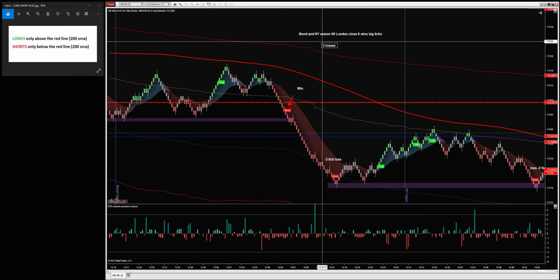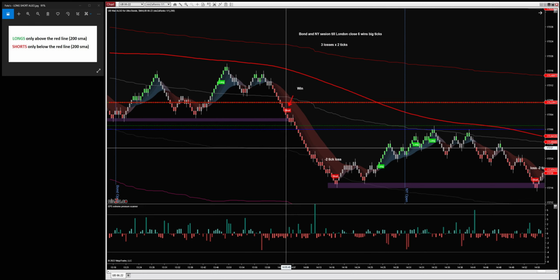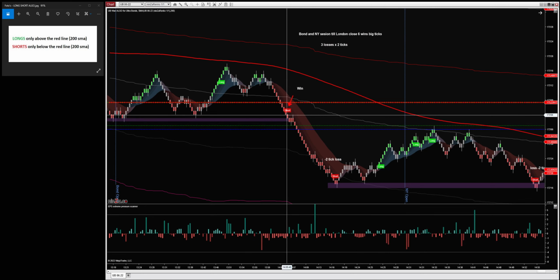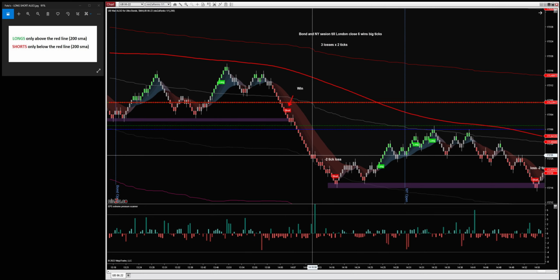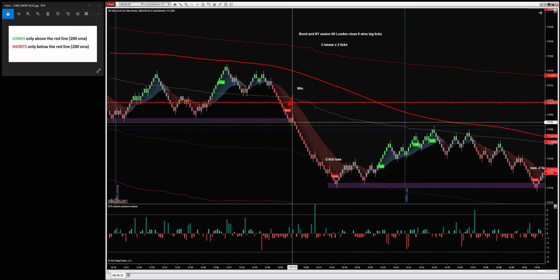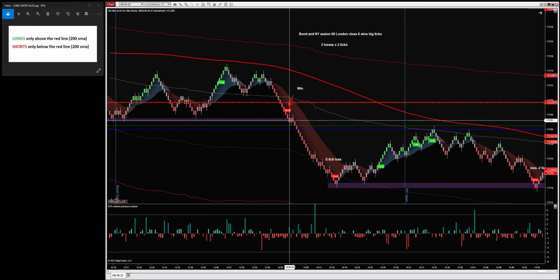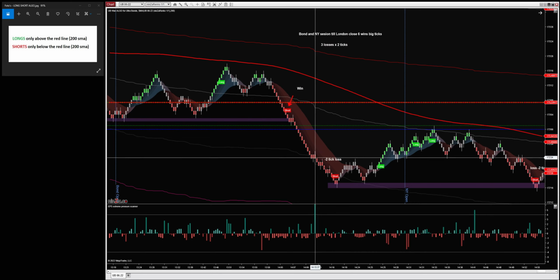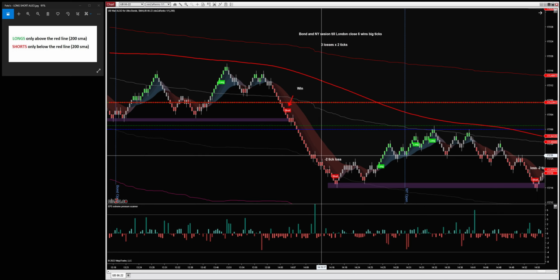Three losses times 2 ticks times 2 ticks. Okay, so that's okay. 6 tick loss, that's like 1 trade, because if you look at this trade, this thing pushed over 10 ticks, so this was a very interesting trade. Let's say you entered over here at 02 and you close here at 24, so that's very interesting.